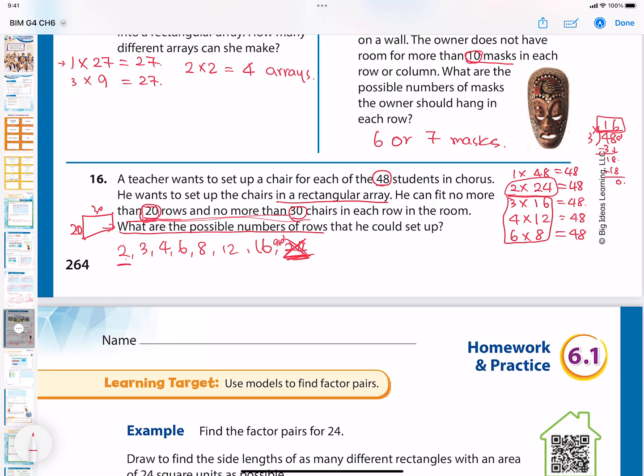So the answer will be 2, 3, 4, 6, 8, 12, and 16. We cannot include this 24. I know 2 is the pair of 24, but 24 cannot meet the requirement. Okay, all right, that's it. So 2, 3, 4, 6, 8, 12, and 16.